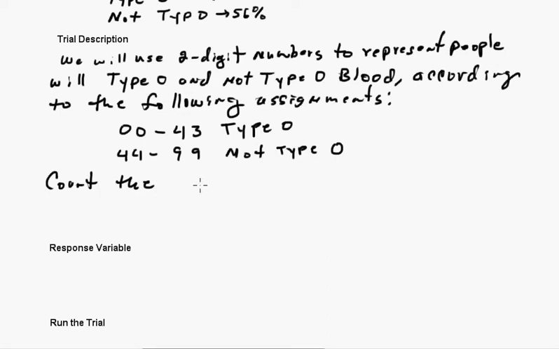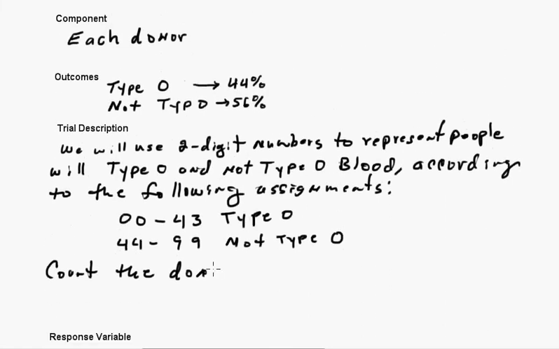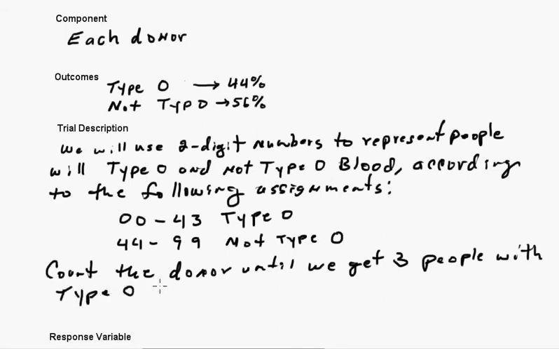Okay? So we're going to count the donors until we get 3 people with type O blood.